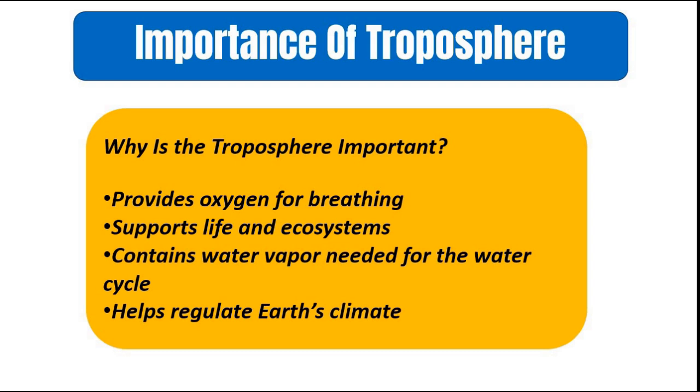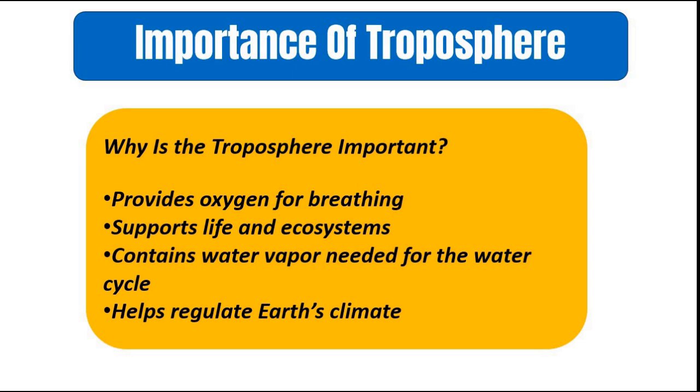Now the importance of troposphere. Why is troposphere important? First, it provides oxygen for breathing. As we discussed, there are various kinds of gases available in various proportions. The 20.8%, or rounding off to 21%, oxygen available in the atmosphere is provided in the troposphere, the lowest layer of the atmosphere, and it is very important for respiration, most importantly combustion and various other life processes.